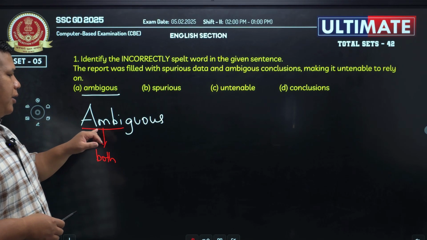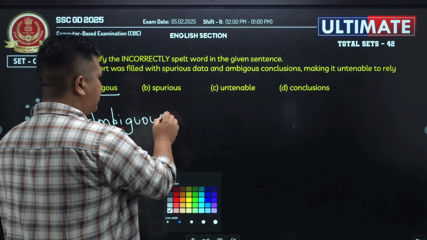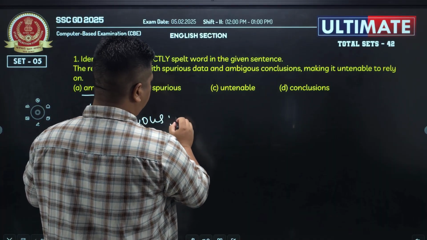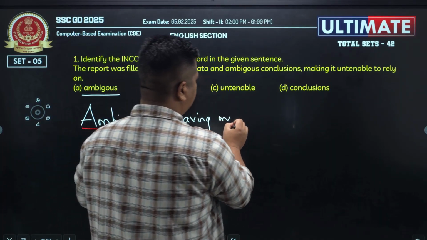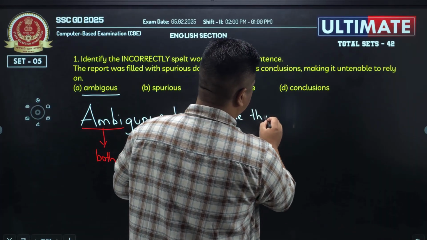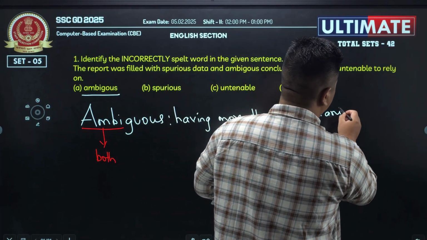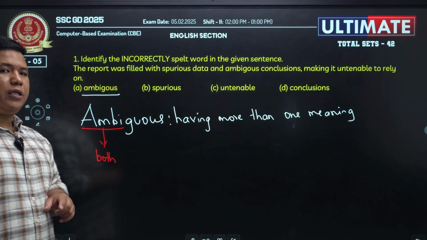So both. So ambiguous means something that is open to interpretation, having more than one meaning. Open to interpretation, a little bit doubtful.